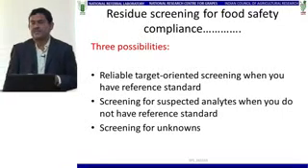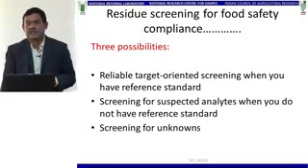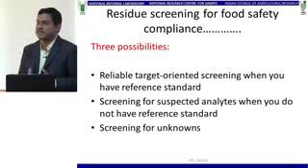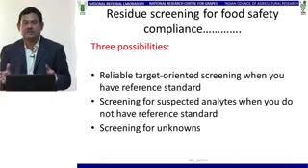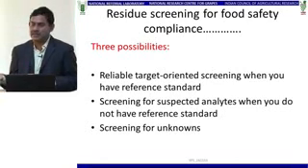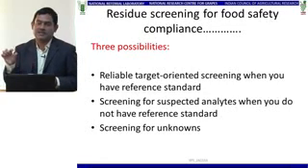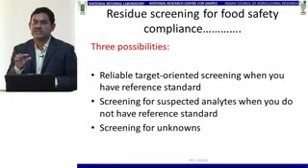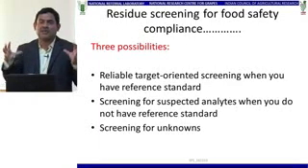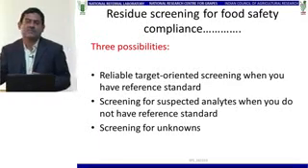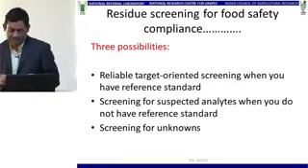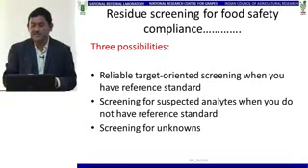If you do not have the reference standard, there is a possibility that you can still say whether it is present or absent, because mass spectrometric analysis supports that on the basis of certain unique masses, you can say with a certain level of confidence that this compound is most probably present in a sample. And finally, screen for unknowns.